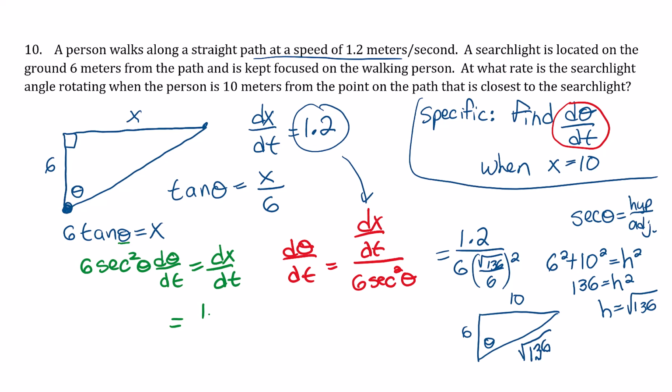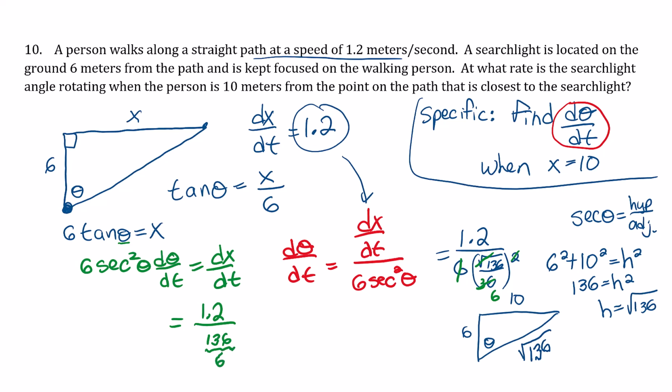The top is 1.2, and if I square the square root of 136, that will get rid of the square root sign, and then this 6 squared would have been 36, but I'm going to cancel it with the 6 on top, so that'll just leave a 6. So it looks like what I have on the bottom is 136 over 6.